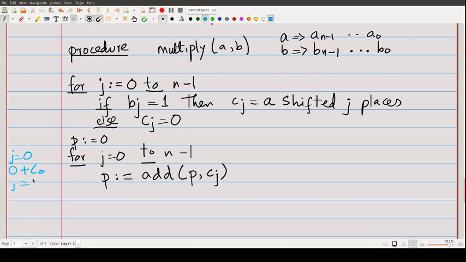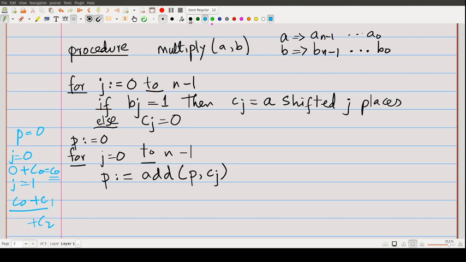Then when j is equal to 1, p was 0, p is now c0, so you will do c0 plus c1. Then in the next step you will add this to c2, and so each of the individual Cj's keep getting added to p, and finally you get the product.